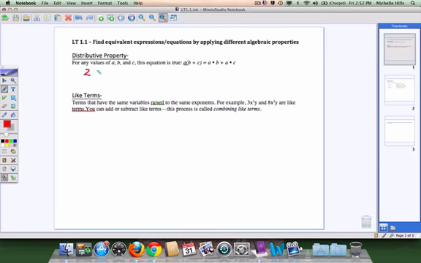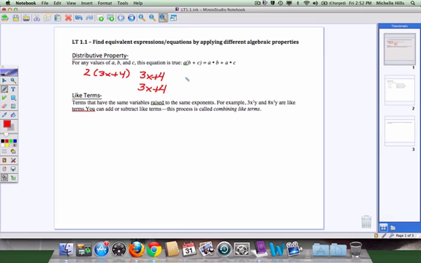If I have 2 times the quantity 3x plus 4, it means I really have two different 3x plus 4s. So I have one 3x plus 4 and a second 3x plus 4, which means altogether I actually have 6 x's and then 8 1's. We don't want to actually have to write this out to add this way most of the time.